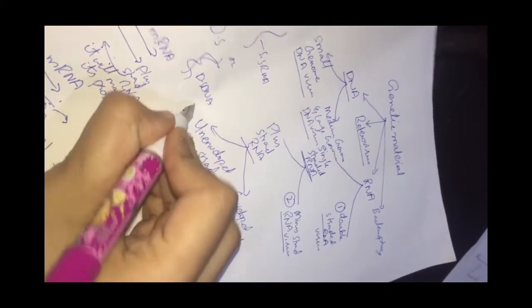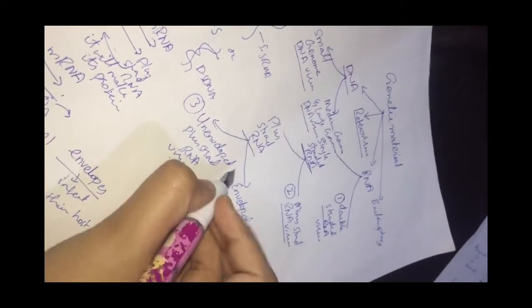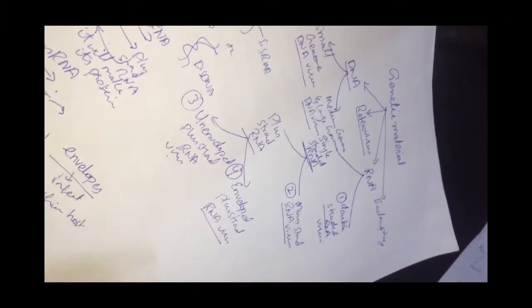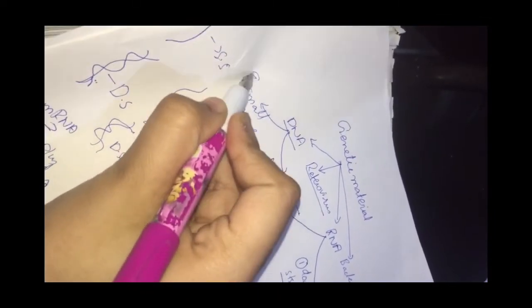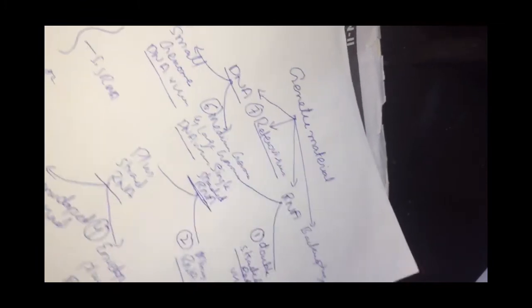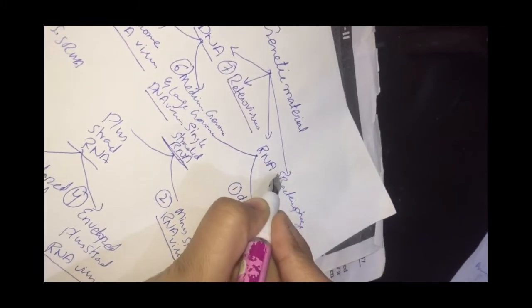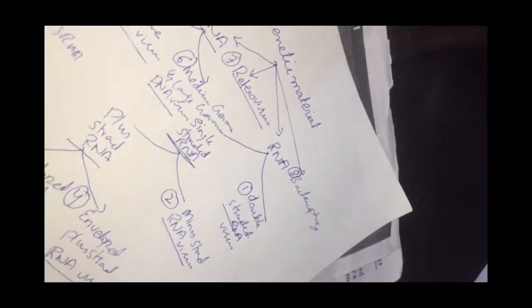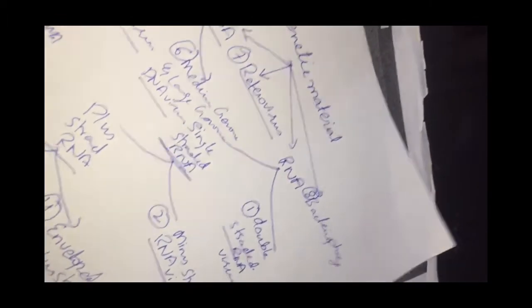We'll count unenveloped plus-strand RNA virus third, and fourth enveloped plus-strand RNA virus. The fifth one is small genome DNA virus. It is also not classified further, and sixth is medium genome and large genome DNA virus. Seventh category is retrovirus, which is the mid category between DNA and RNA viruses, and the eighth one is bacteriophage, which is a totally different category infecting bacteria.